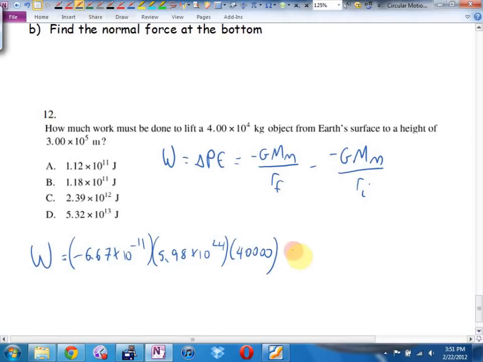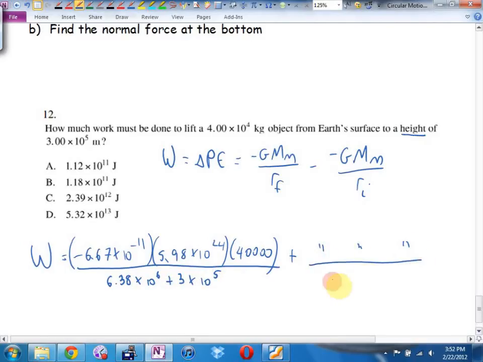It's okay. Oh, got to divide by r final. Now it does say to a height, so the radius is going to be the radius of the Earth plus the height, right? Same thing, all over the radius of the Earth, because that's what we're starting out at.